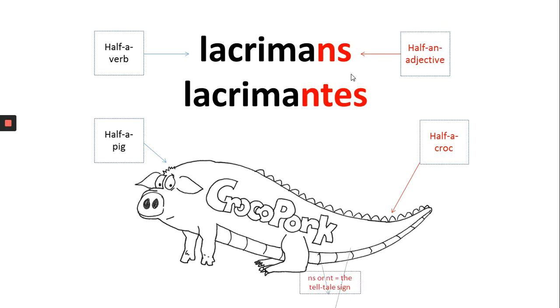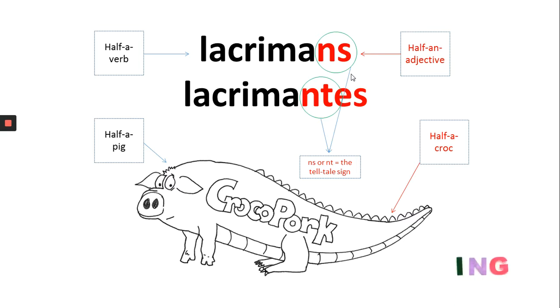The telltale sign of the present participle in Latin is NS if the noun and participle are in the nominative singular, and for all other endings, you'll spot the present participle with an NT. In English, we're going to translate our participle using the letters ING. So here, our poor croc of pork is crying, and that's present participles.